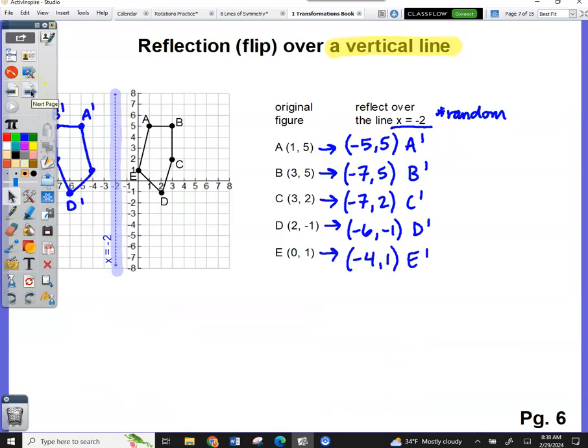So where's the line of symmetry here? Well, where would I fold the picture for the image to match? If it was not already highlighted and you were trying to find it, what you would do is take 2 points that match, like A and A prime, and find the distance between them, and whatever's in the middle is your line of symmetry.